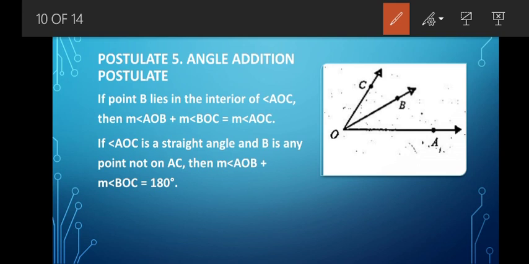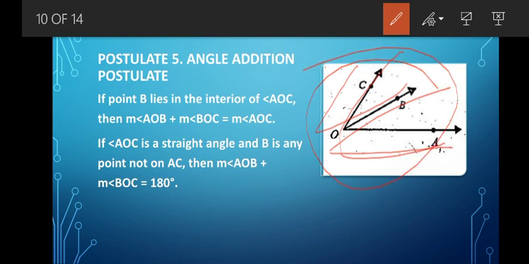So meaning yung measure angle nito, yung angle AOB, tsaka yung measure angle ng BOC, pag pinag-add natin ay equals to the measure of angle AOC. So if angle AOC is a straight angle and B is any point on AC, then the measure of angle AOB plus the measure of angle BOC is equal to 180 degrees.